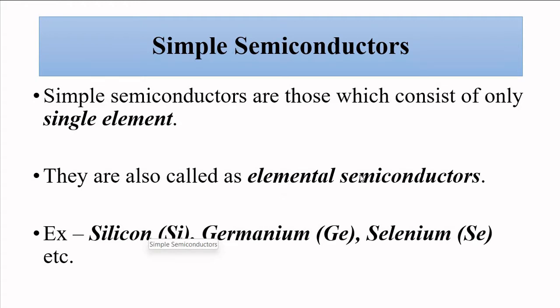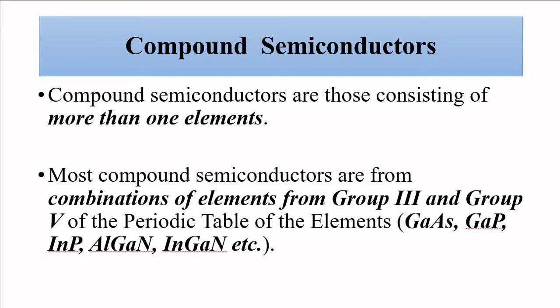They are also called elemental semiconductors. Example: silicon, germanium, selenium. Compound semiconductors consist of more than one element, basically the combination of elements from group 3 and group 5 of the periodic table. Example: gallium arsenide, gallium phosphide, indium phosphide, aluminum gallium nitride, indium gallium nitride, like that.